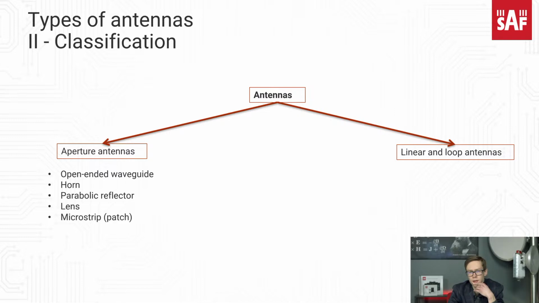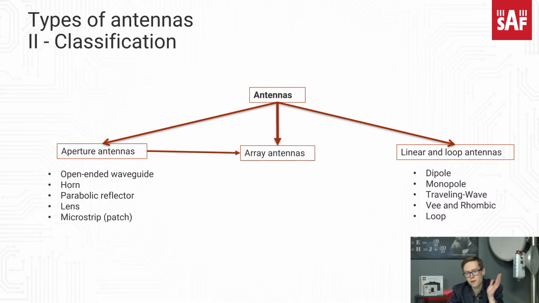The other type is linear and loop antennas, which are monopole, dipole antennas, and other more exotic antennas. And finally, the array antennas. Array antennas consist of multiple elements, of an array of elements.